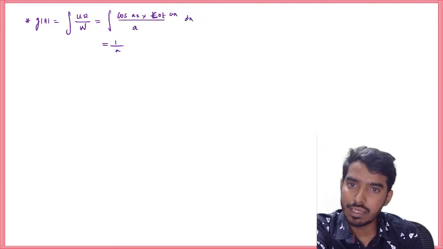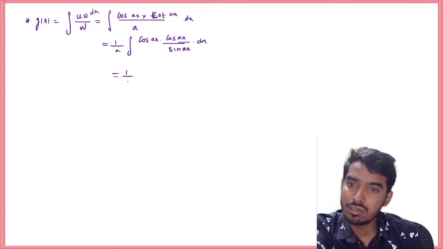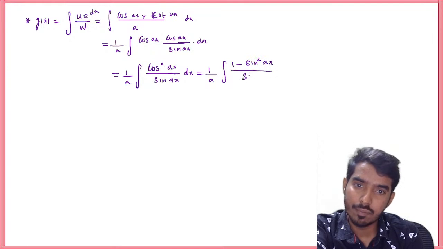So 1 by a, see you have to put dx, right? 1 by a integration of cos ax, this is cos ax by sin ax dx, right? Because cot is cos by sin. So 1 by a integration of cos square ax by sin ax dx. So again I'm going to write cos square ax as 1 minus sin square ax by sin ax dx.